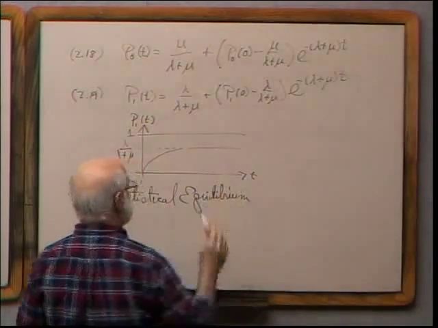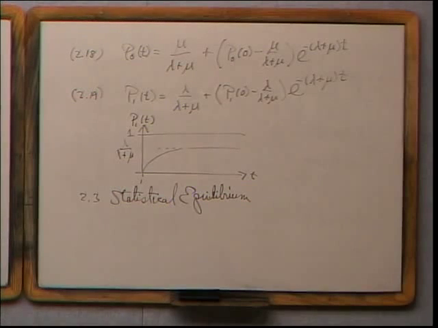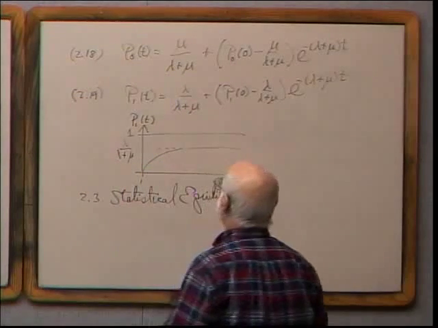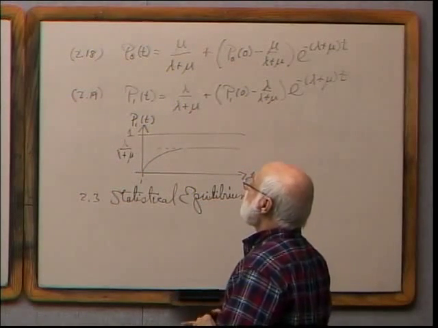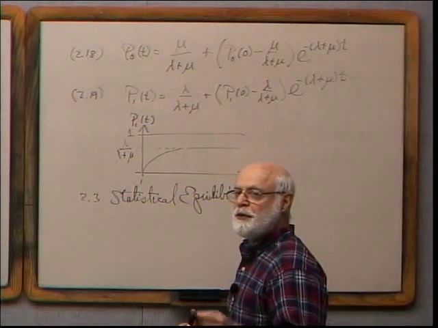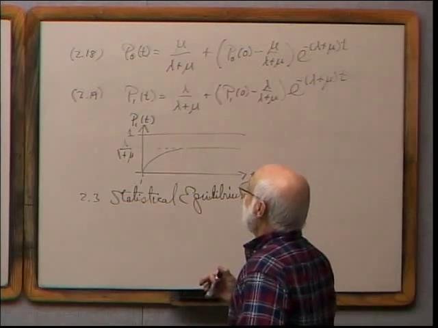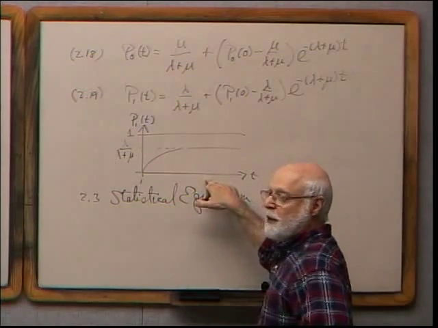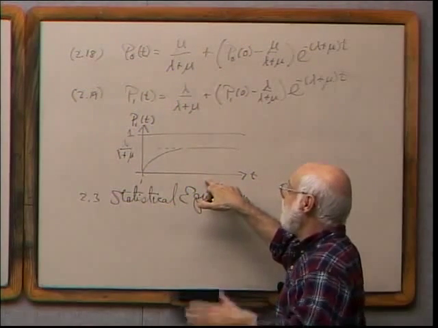The idea is that, first of all, in reality, if I'm solving this for any practical reason, do I really want to know the probabilities at specific points in time? Do I care what the probabilities are after the system has been in operation for exactly so many minutes or something of that sort? Probably not.